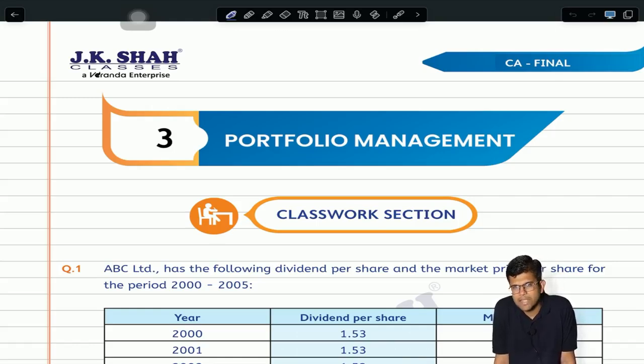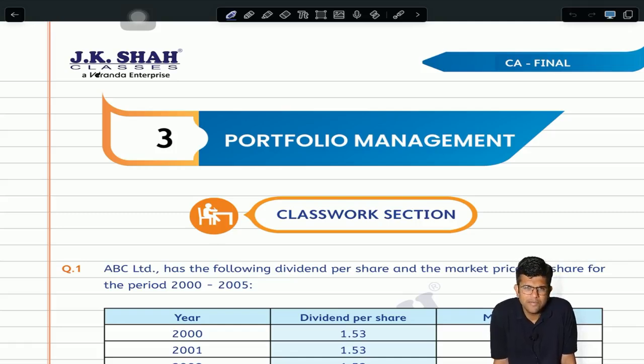So what is this chapter all about? There was a chapter called equity valuation. In equity valuation, we wrote 1,000 times, value of equity is equal to present value of all future cash inflows from that equity share. When you are discounting future cash inflows using Gordon's formula D1 upon KE minus G, one of the most important factors in finding the valuation of equity is KE, and we have always taken KE for granted.